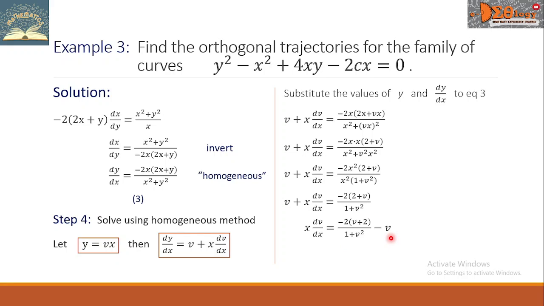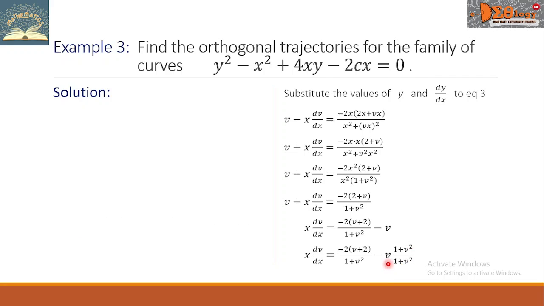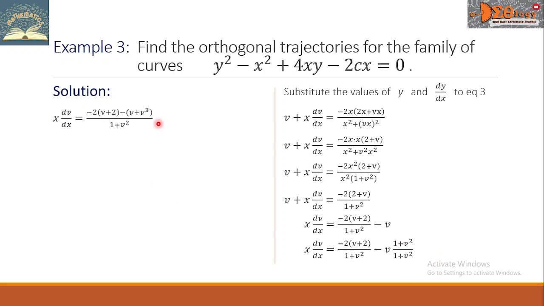Let us show here that the v as a whole number can be multiplied by 1 plus v squared all over 1 plus v squared. Let us multiply this v with this quantity 1 plus v squared, and then let us combine the like fractions. So we have like this.